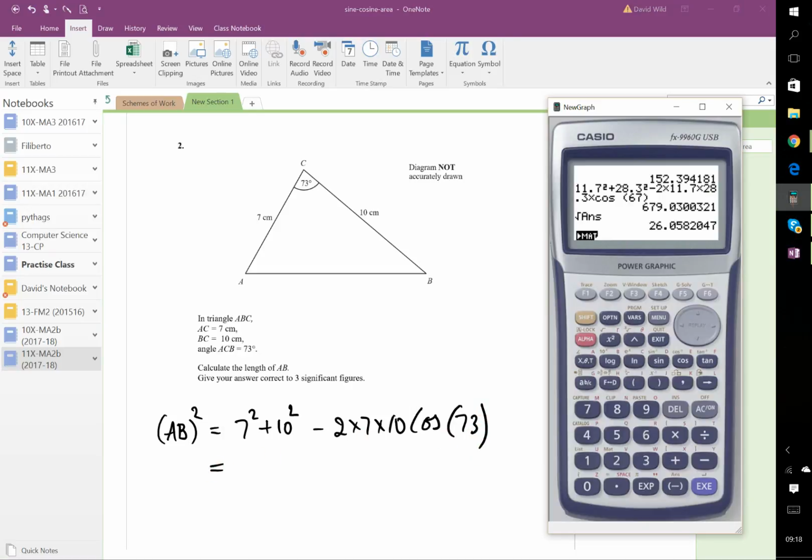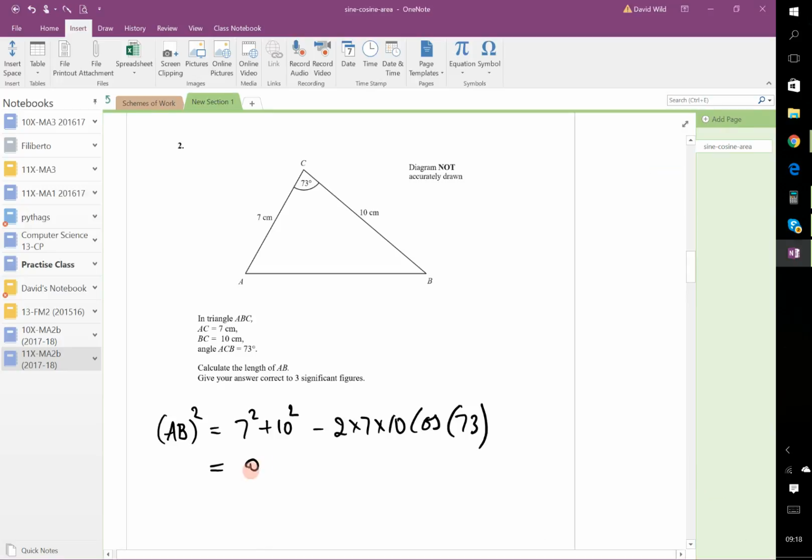Work that out in the calculator, 7 squared plus 10 squared minus 2 times 7 times 10 times the cosine of 73. And we get 108.068. Notice I'm doing a bit of extra digits, so I don't get round off errors.